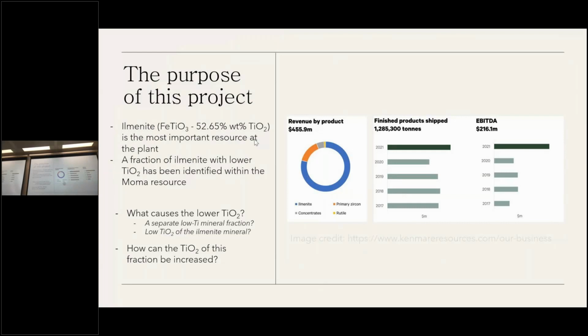And once I knew the answer to that question, I'd like to say something about how this titanium dioxide concentration might be increased.